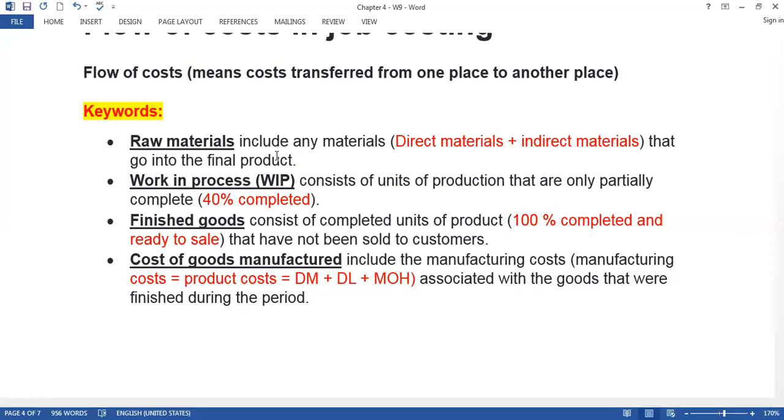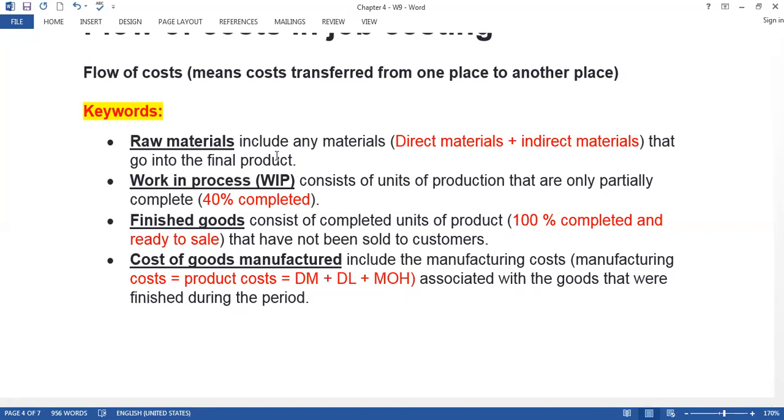Raw materials means any materials, the combination of direct materials and indirect materials. If it is raw materials as one term, it includes both direct materials and indirect materials.